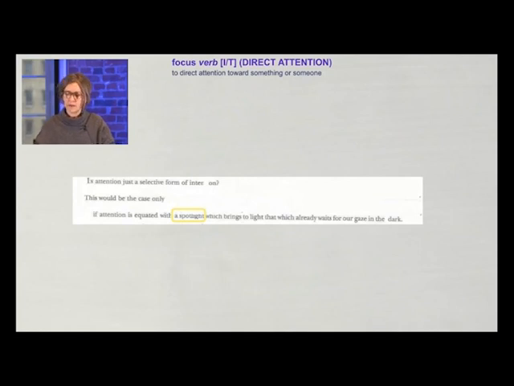So Bernhard Waldenfels has posed the question in his book, Phenomenology of the Alien. He asked, what is attention? And he presents the metaphor of spotlight as an example of a selective form of intention.